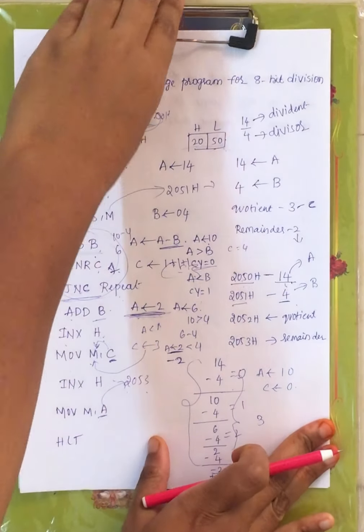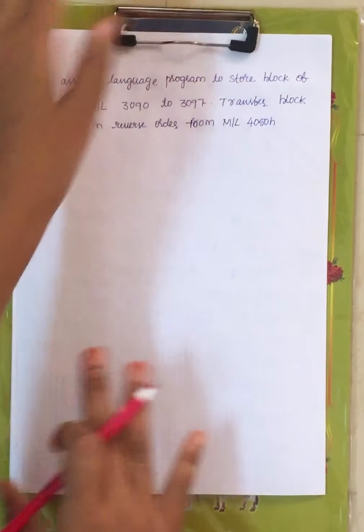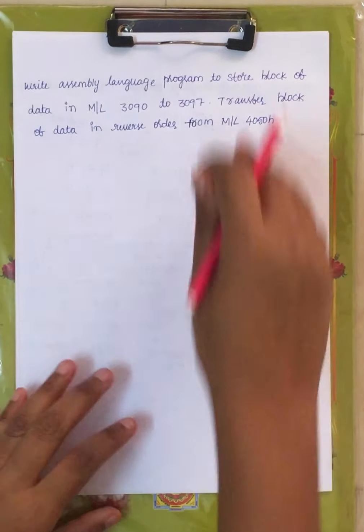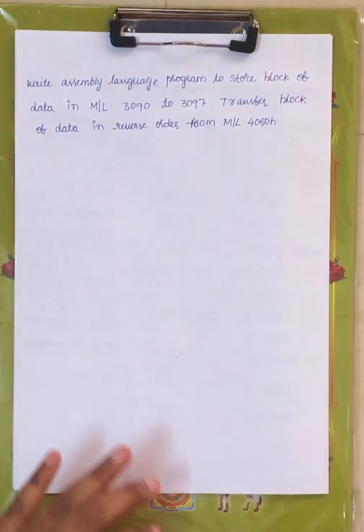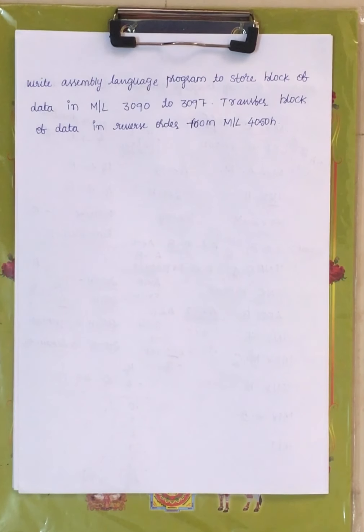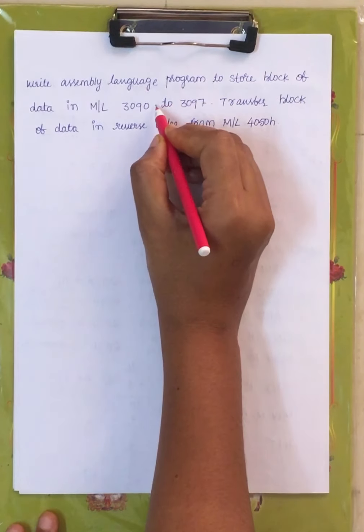Now coming to the next program. Write an assembly language program to store a block of data in memory locations 3090 to 3097. These are the memory locations that are storing some data, right?